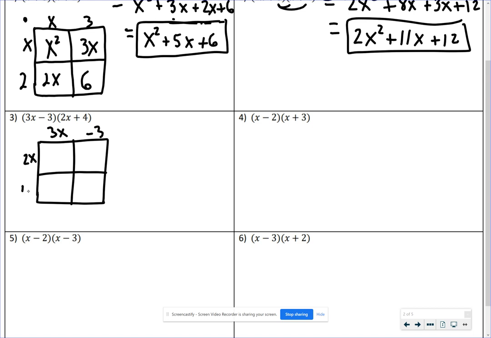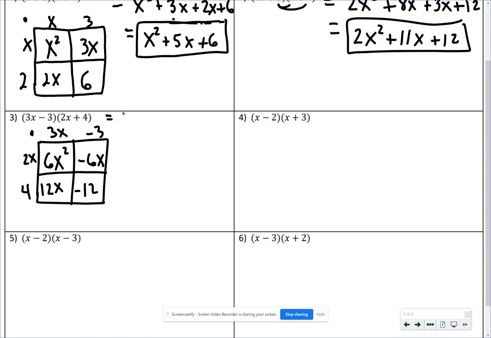If you want to, you can put a plus sign in front of the 4, but it's not really necessary. But that side factor is 2x plus 4. Then I do the multiplication. 2x times 3x, 2x times negative 3, 3x times 4, and negative 3 times 4.